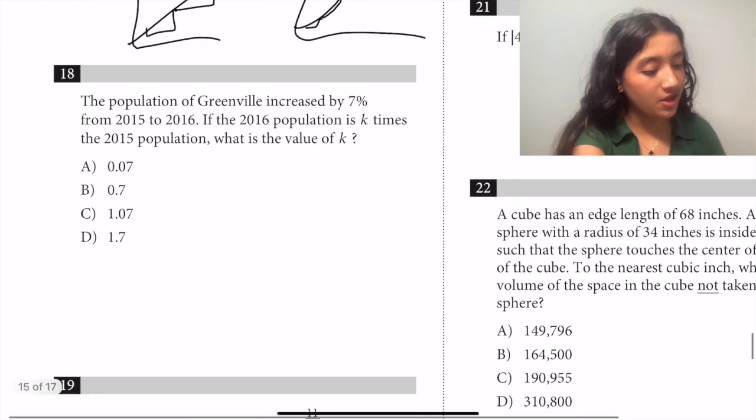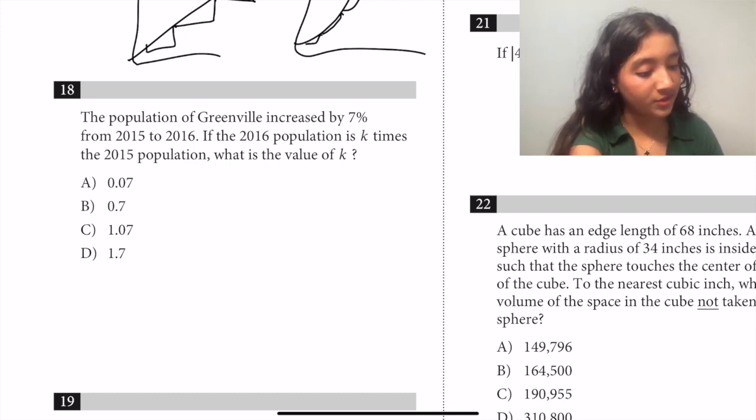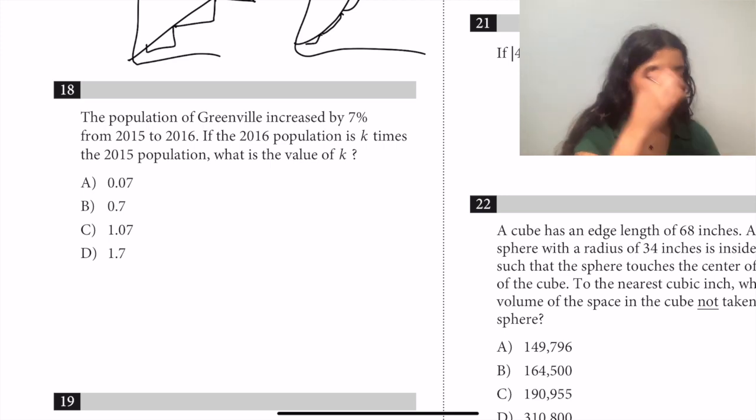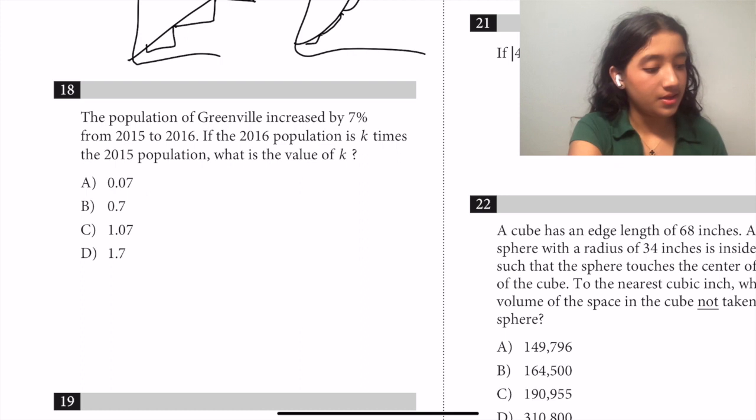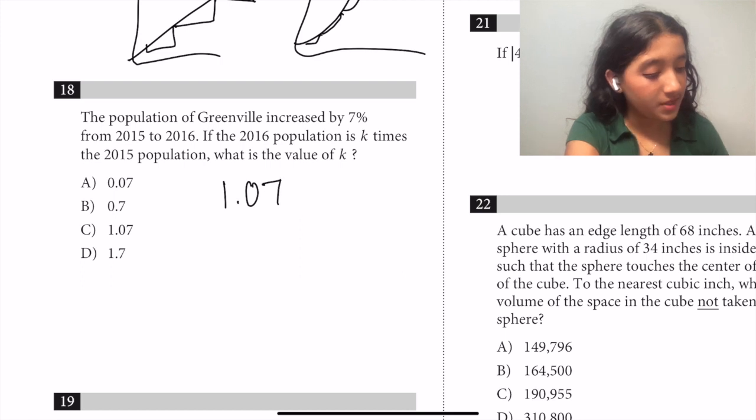For number 18, we have that the population of Greenville increased by 7% from 2015 to 2016. If the 2016 population is K times the 2015 population, what is the value of K? So if it increased by 7%, that means that we're multiplying by 1.07.